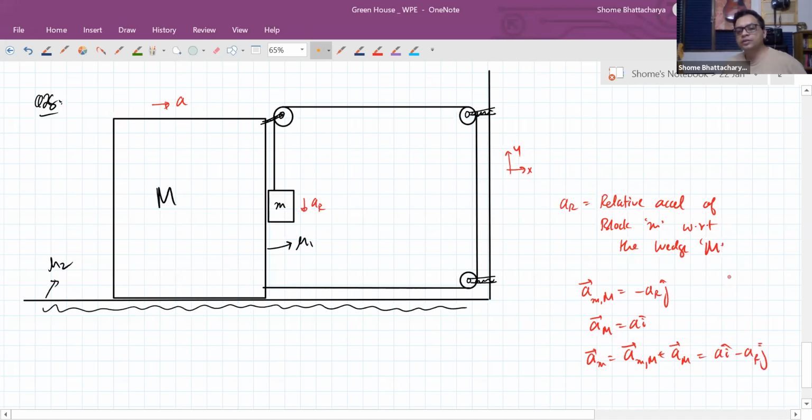So in ground frame, it will look like that block is moving like this. That smaller block, now, after some time, the wedge reaches here and the block is here. So it's having a net acceleration which is in this sort of direction. This is the acceleration of the block in the ground frame. It is a vector sum of these two things.